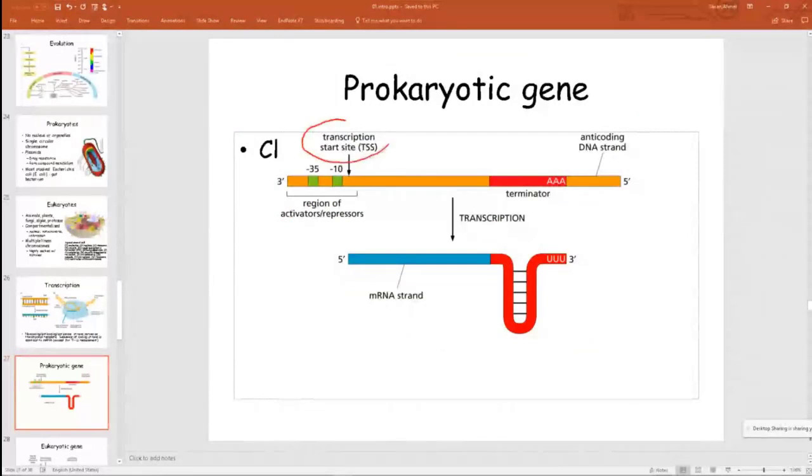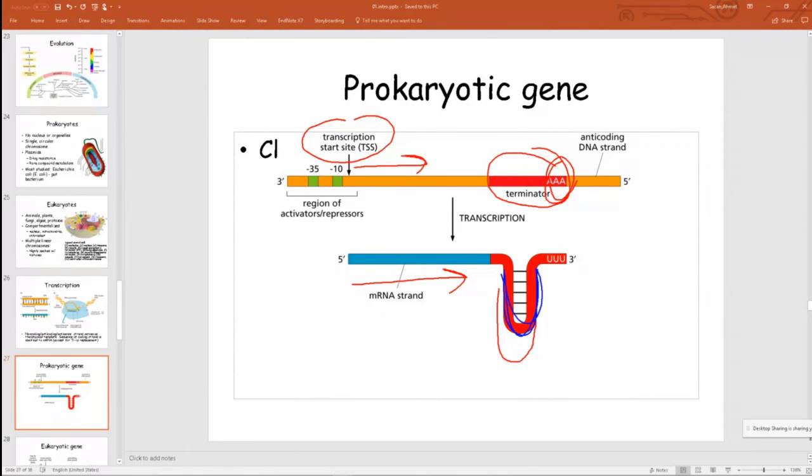All right. Once the transcription start site is recognized and we produce the mRNA, it'll have to stop at some point, and that again is a particular signal that ends with AAA, and it also has a characteristic that forms a hairpin loop.